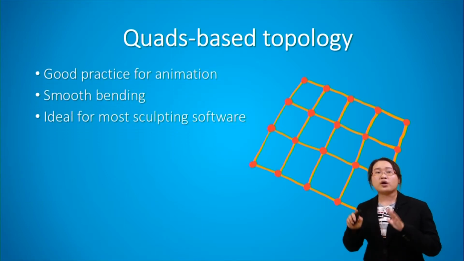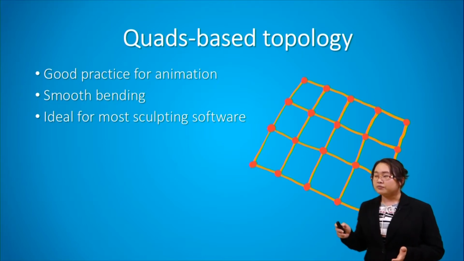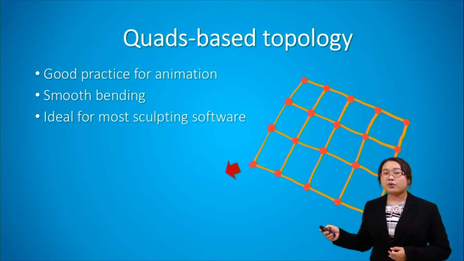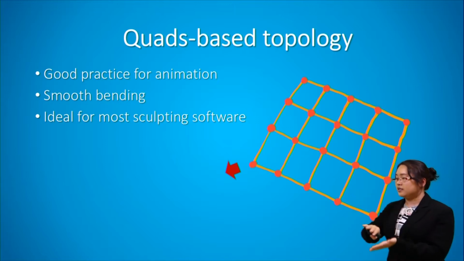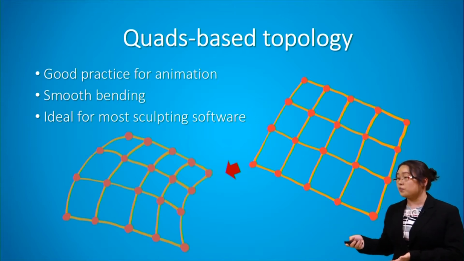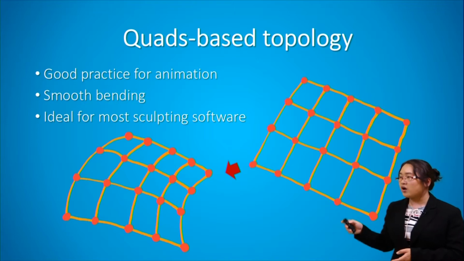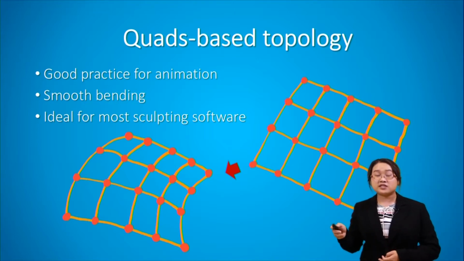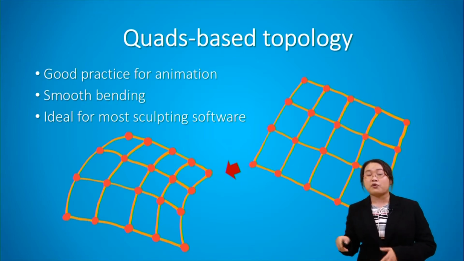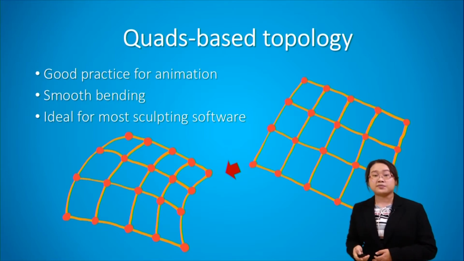It also supports smooth bending. You can see from this example, a normal plane using quad-based topology. When you bend it, because the edges are parallel to each other, it will not cause the sharp edge problem. It's also the best topology for sculpting mode in any kind of software.